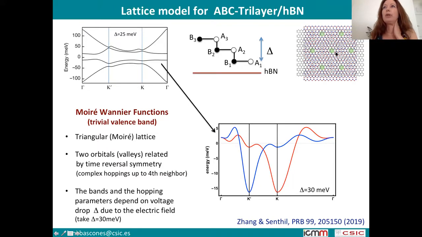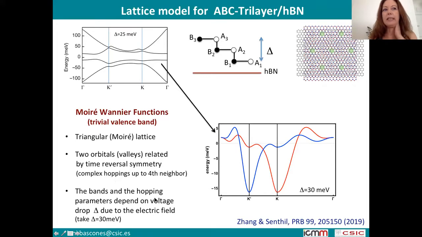So we have a two-orbital model, referring to the two valleys, on a triangular lattice of this Moiré. For these Wannier functions, the hoppings are sizable up to at least the fourth neighbor. The two valleys are related by time reversal symmetry, and these hoppings are complex.